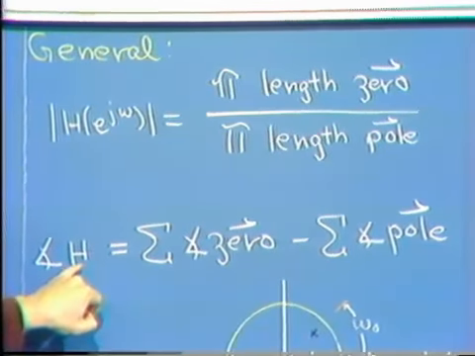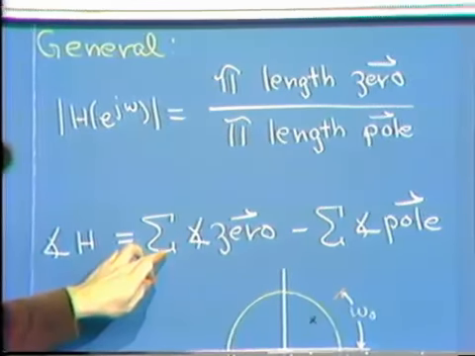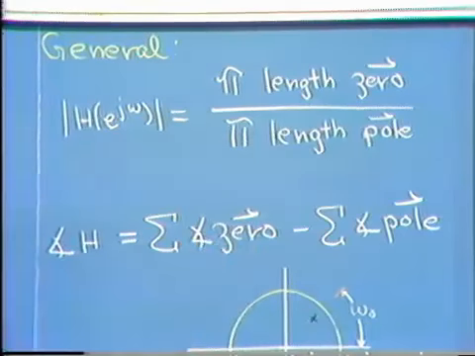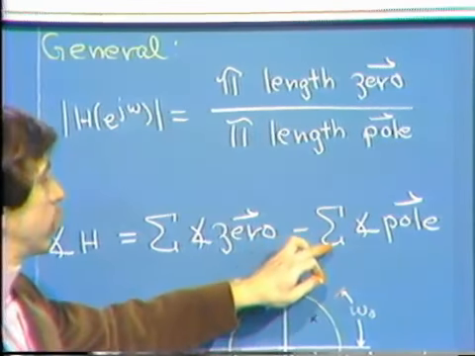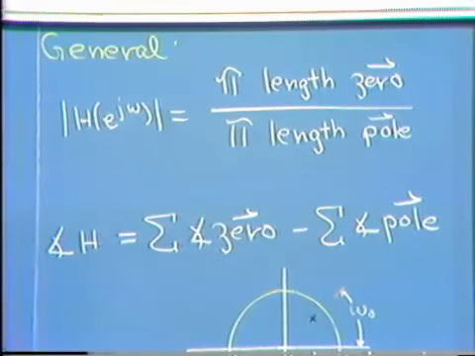And the angle of the frequency response is the sum of the angles of the zero vectors minus the sum of the angles of the pole vectors.